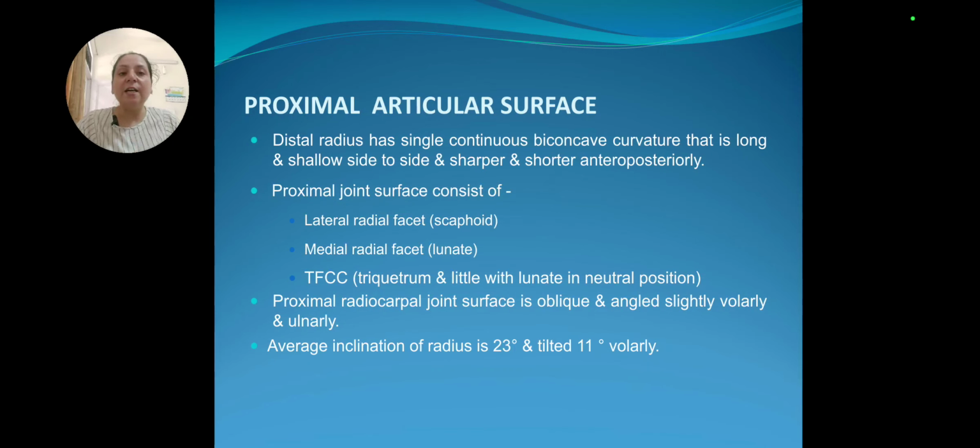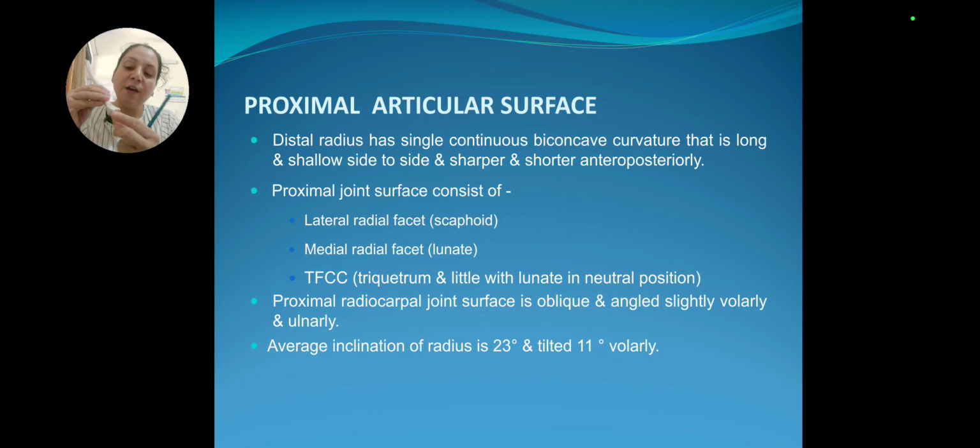Fine. If you can see the distal articular surface, it is concavo-convex, a biconcave curvature. And it has short and sharp edges. It has two facets, a lateral radial facet and a medial radial facet, for the attachment of the scaphoid and lunate.